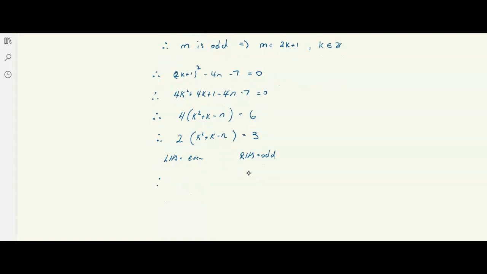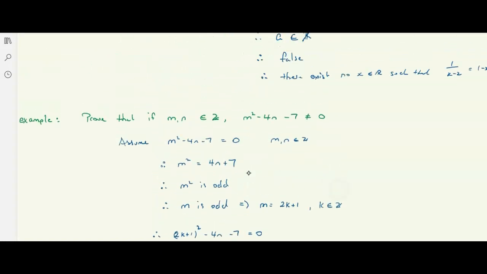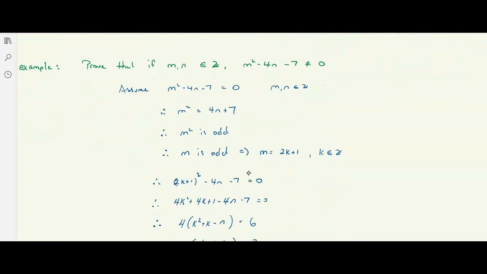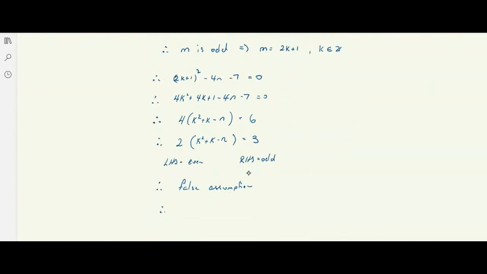Therefore, false assumption. Therefore, the original statement is true. Therefore, m squared minus 4n minus 7 cannot equal 0 for m and n as integers.